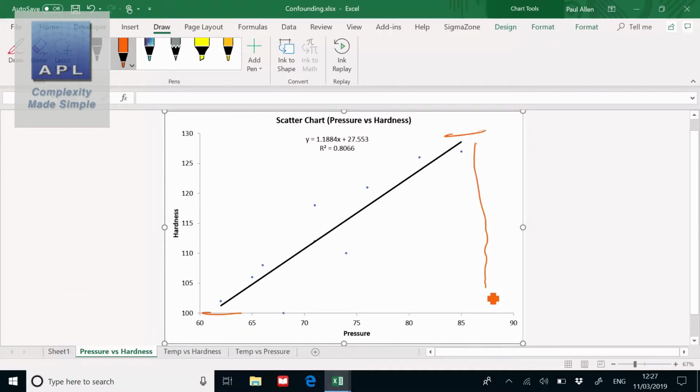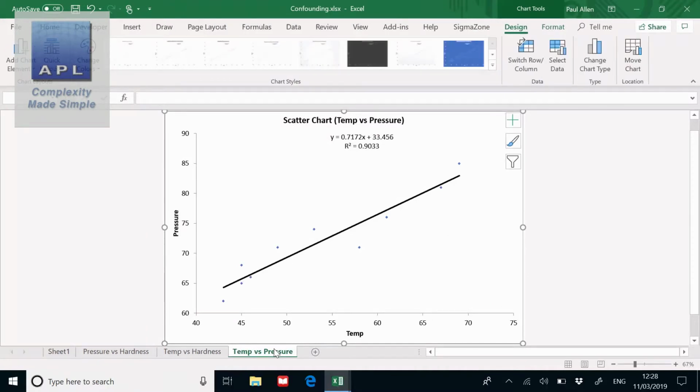So this is going up 30 points as well. But what I'm doing, I'm double counting the effect. The whole effect is 30 points. Some of it comes from pressure, some of it comes from temperature. But because we've mixed the two variables together, we cannot pull the effects apart.